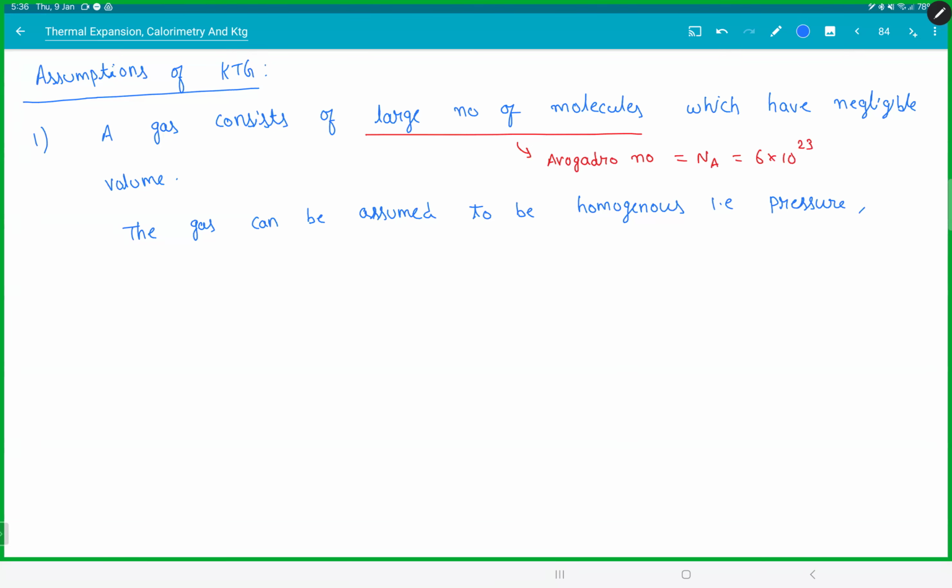That is, pressure, temperature, and density are the same at every point. Now, this is important. For example, think of it like this.